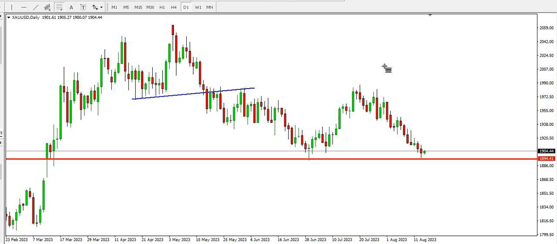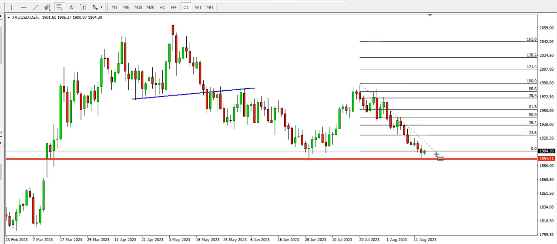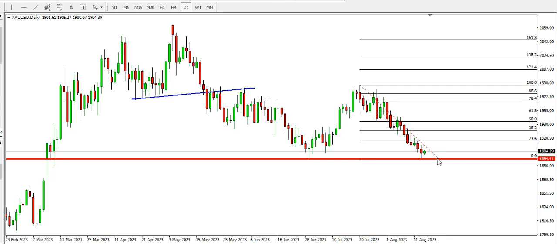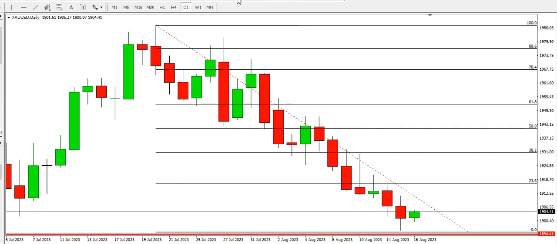We might see a retracement of this down leg, up to the 23.6% Fibonacci level, which is at the 1917 area. If price retraces up to this point and continues the downward trend, then we'll take it as a strong bearish trend.